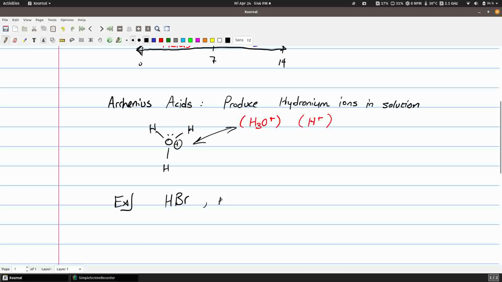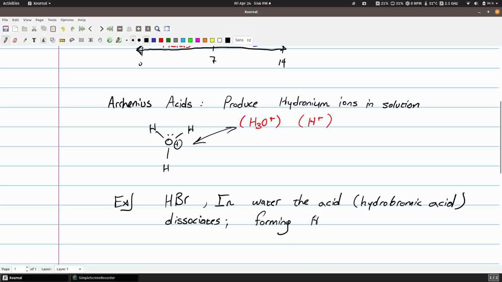So in water, the acid hydrobromic acid dissociates, and this means that it's forming H plus and Br negative.